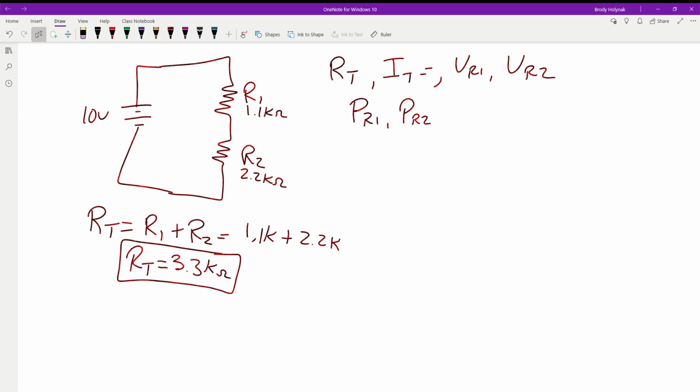Okay, so we now have our R total. So that's the total resistance of this entire circuit. Our current total is going to be the voltage total divided by our resistance total. So we have 10 volts divided by 3.3 kilo ohms. And that's going to give us how much current?